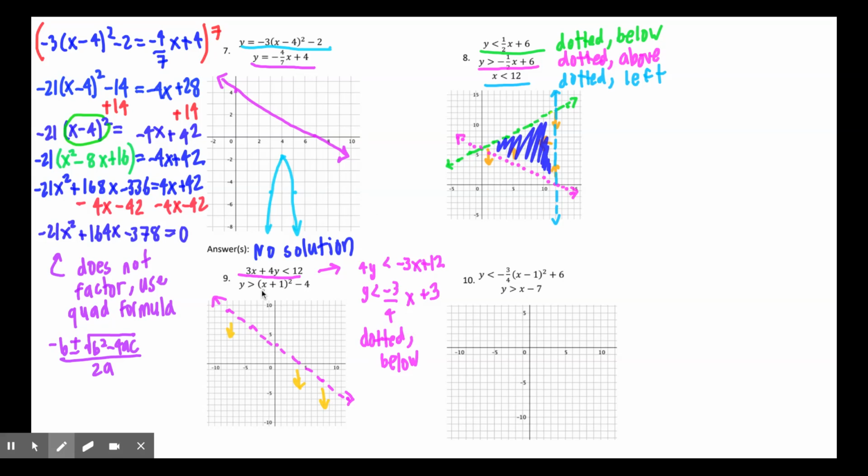Okay, and this next one is a parabola that has a vertex of -1, -4.